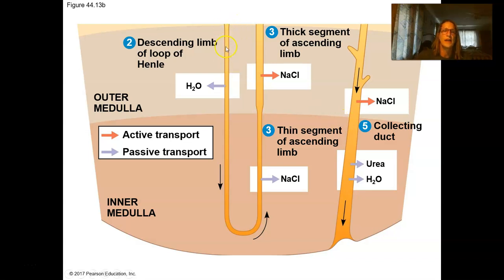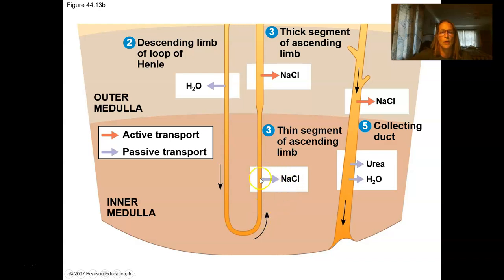The descending loop of Henle is going to be focused mostly on the passive transport of water back into the capillaries. And the ascending loop of Henle is going to be focused on reabsorbing sodium chloride, or salt.